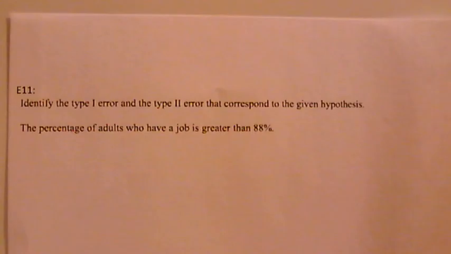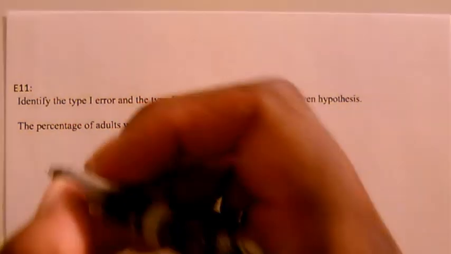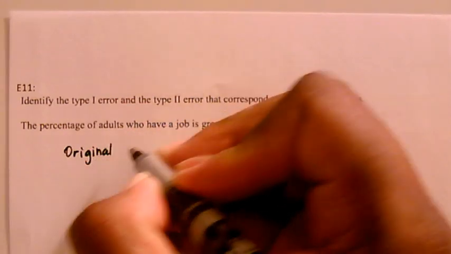Okay, now let's look at this last example that deals with type 1 and type 2 errors. Here you want to identify the type 1 and type 2 error that corresponds to the given hypothesis. The percentage of adults who have a job is greater than 88%. Alright, let's start with this original claim.